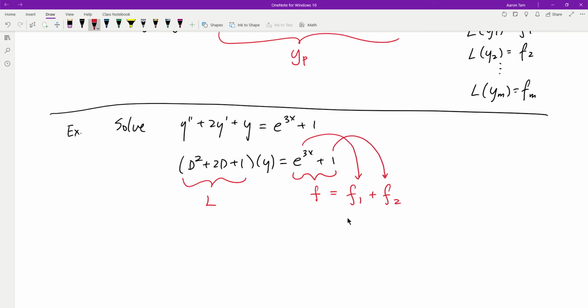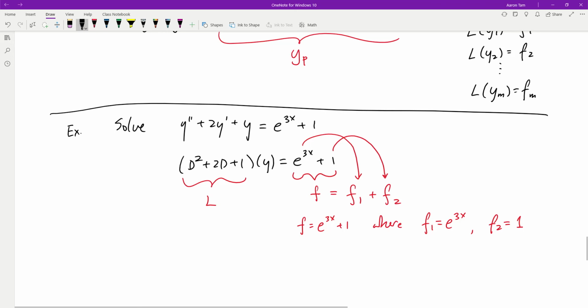So I can say that f is e to 3x plus 1, where f1 is e to 3x and f2 is 1, and f will be f1 plus f2. And our linear operator L is d squared plus 2d plus 1. Now let's try to understand what the solution would look like.